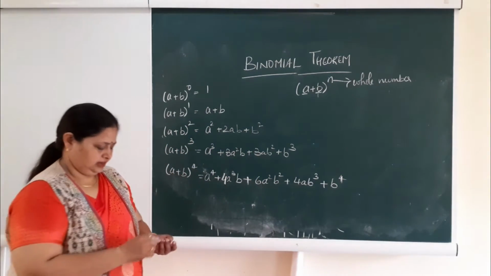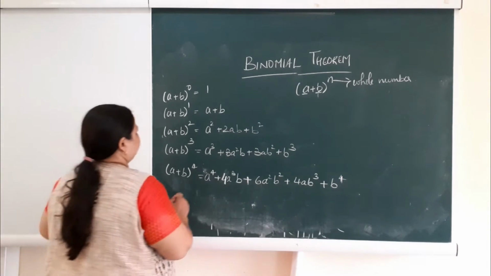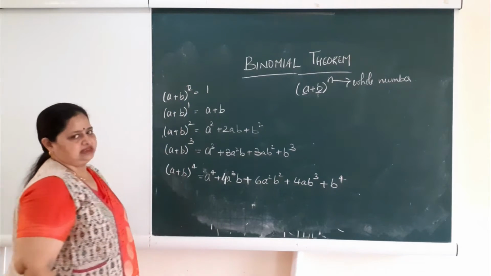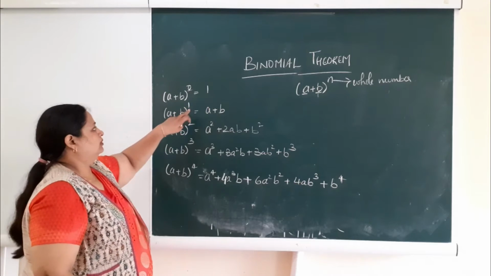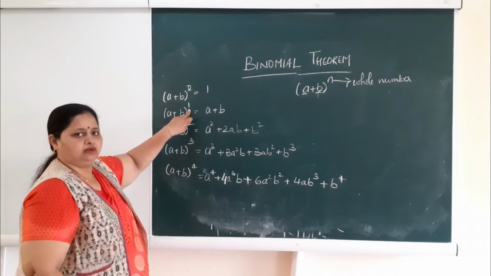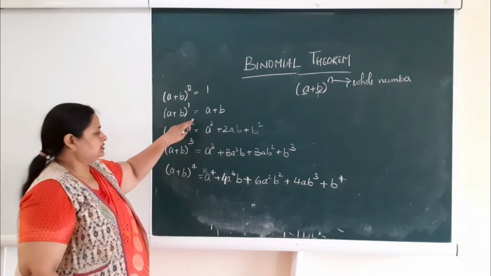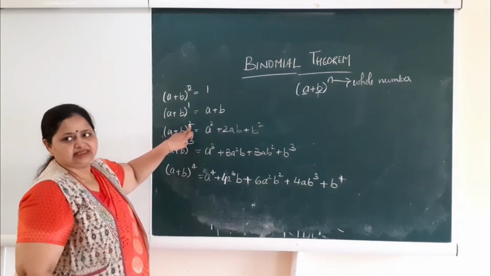Now see, there are a few interesting facts about this. What is the index here? 0. And how many terms did you get? 1. What is the index here? 1. How many terms? 2. Here the index is 2.